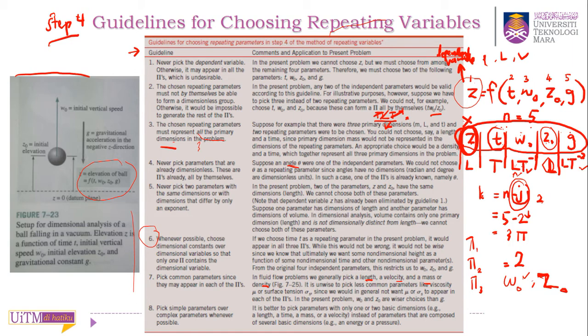How many of them you need to choose depends on the primary dimensions. If your J is 3, for example with MLT, you need to choose 3 repeating variables. If your J is 2 as in this example, you choose only 2 repeating variables.